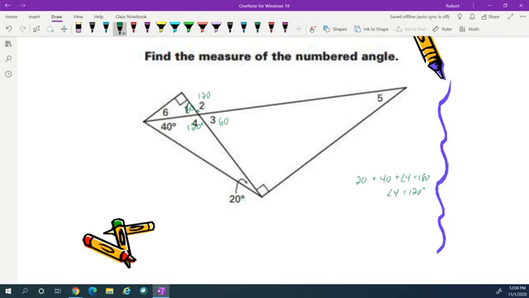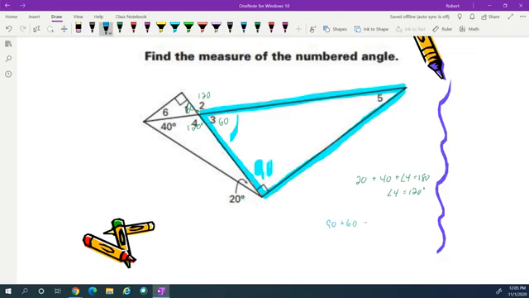Let's figure out other stuff. Again, I'm going to look for a triangle that I know some information about. So check out this big triangle right here. We know the 60 and we know this 90. So 90 plus 60 plus angle 5 equals 180.